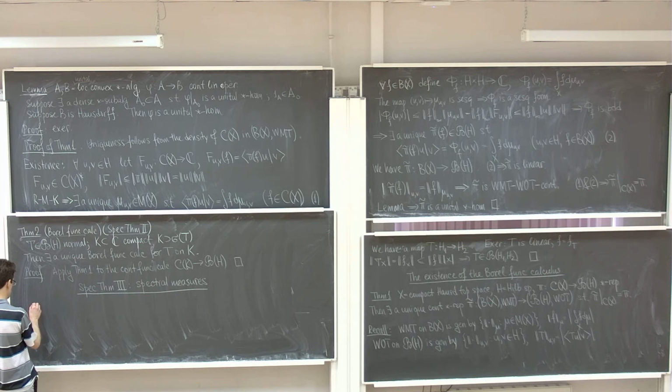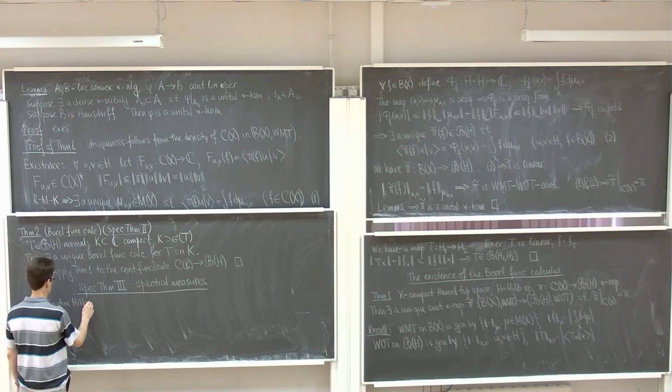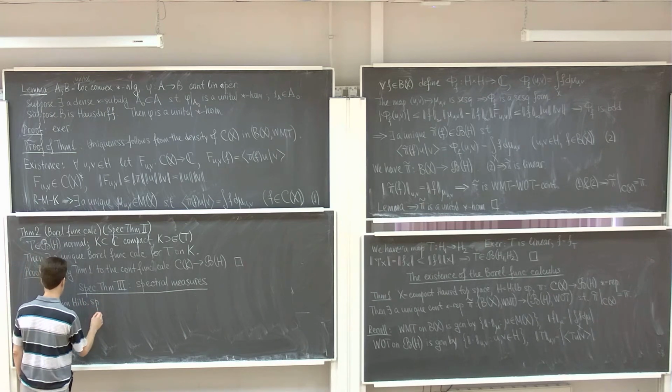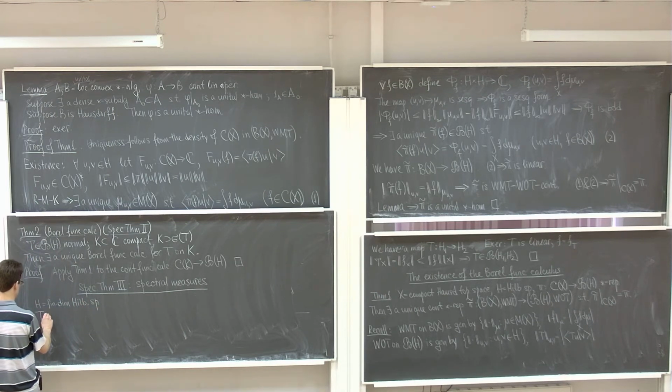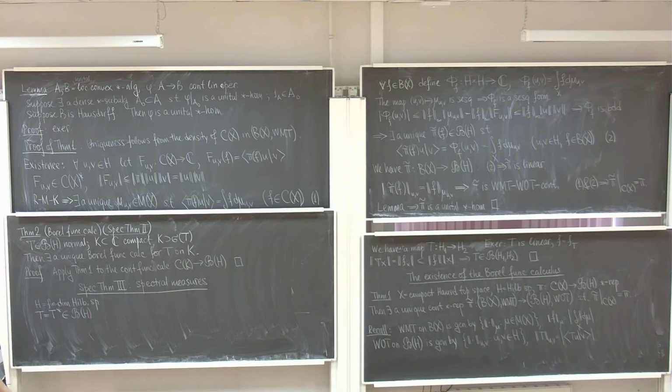Suppose that H is a finite dimensional Hilbert space. And for simplicity, we suppose that T is a self-adjoint operator on H. Of course, we know from linear algebra that T is diagonalizable.